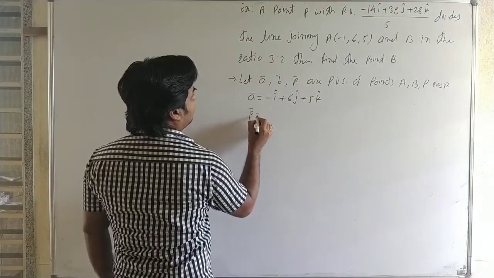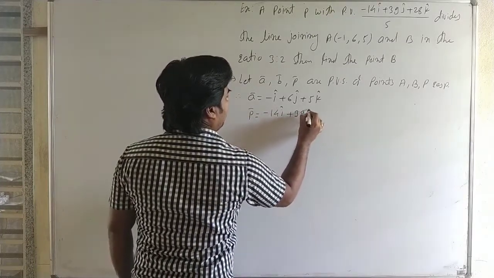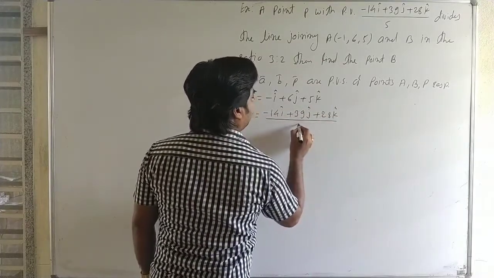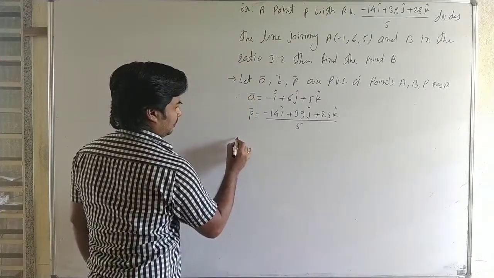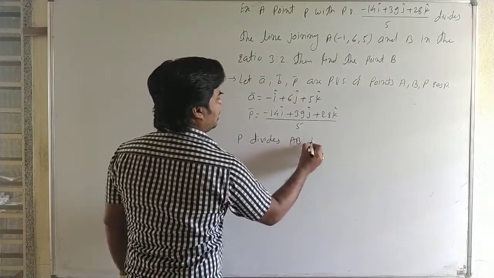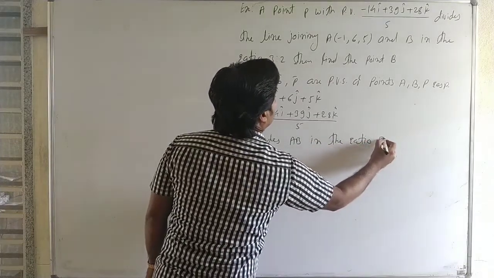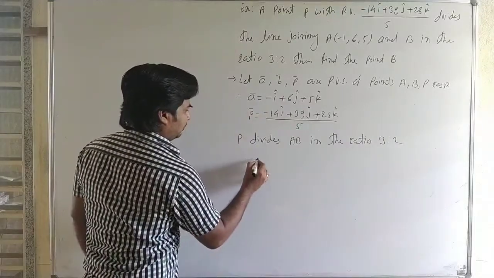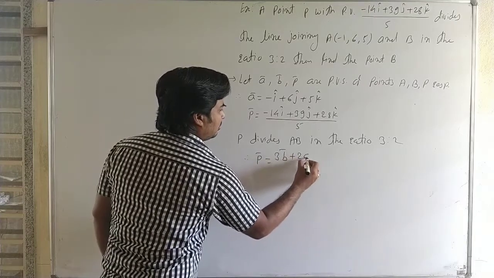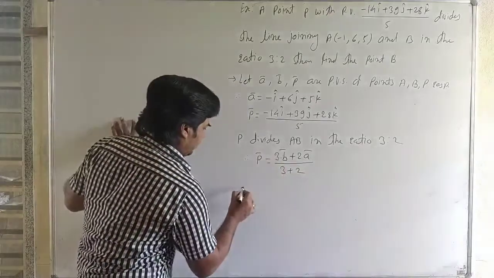P bar is equal to minus 14 I cap plus 39 J cap plus 28 K cap upon 5. And here P divides AB in the ratio 3:2. Therefore we can write P bar is equal to 3 into B bar plus 2 into A bar upon 3 plus 2.